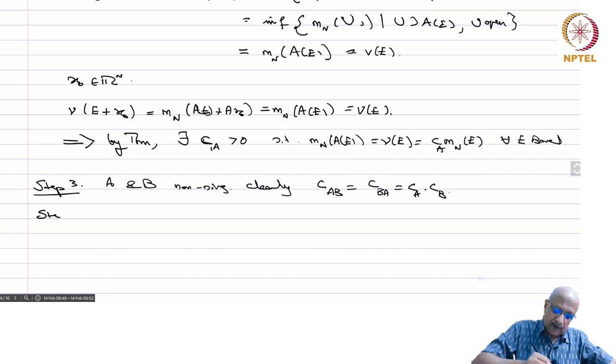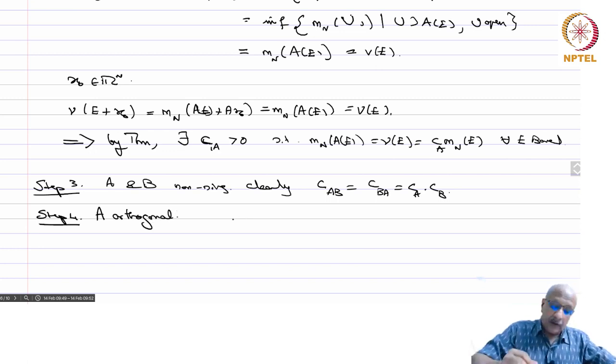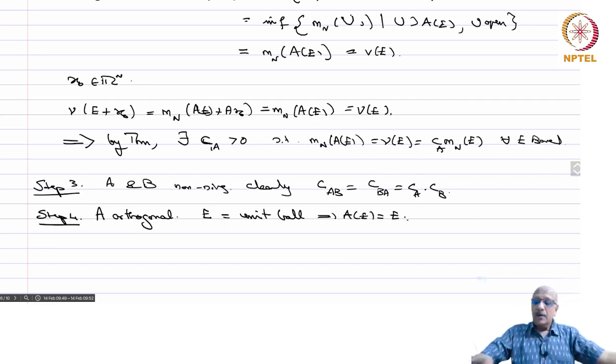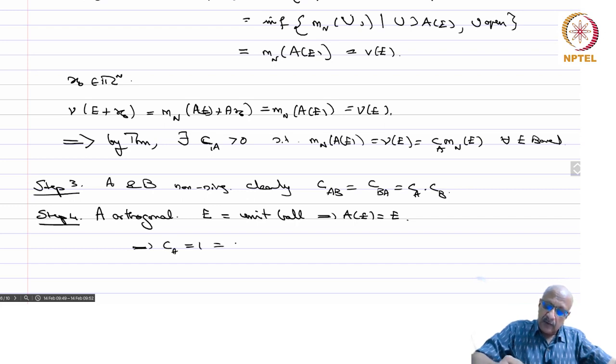Okay, step 4. Let us take A orthogonal. If A is orthogonal and you take E equals the unit ball, this implies AE is the same as E, and therefore CA equals 1, which is the modulus of determinant A.